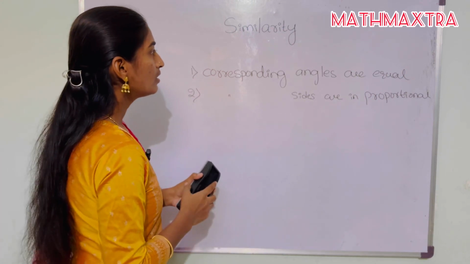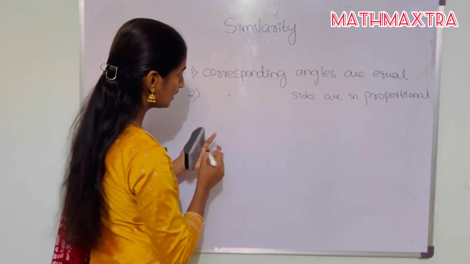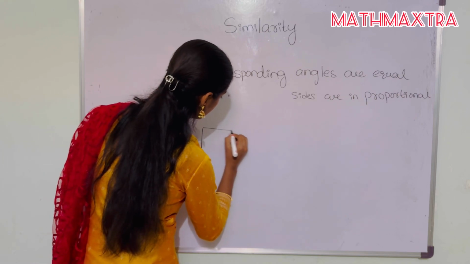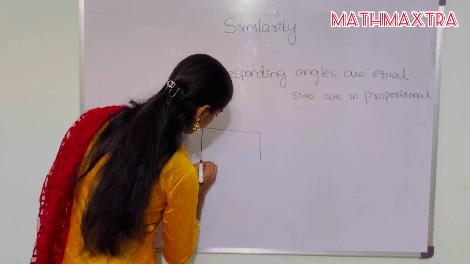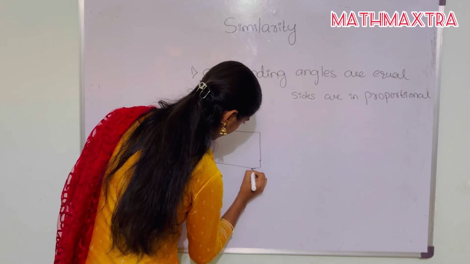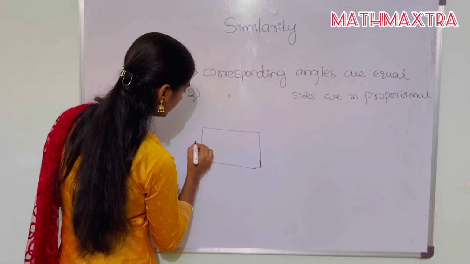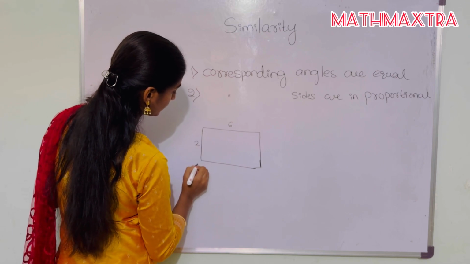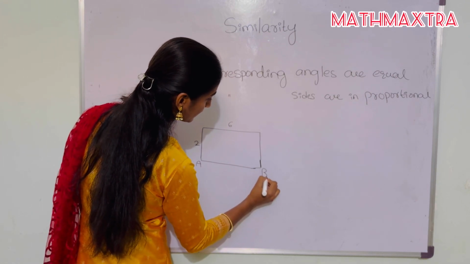Now check. Okay. So I am considering one rectangle. It has length 6, width 2. Okay. A, B, C, D rectangle.